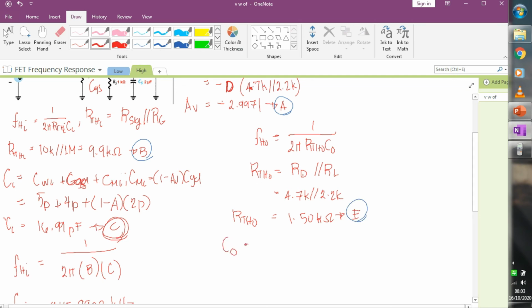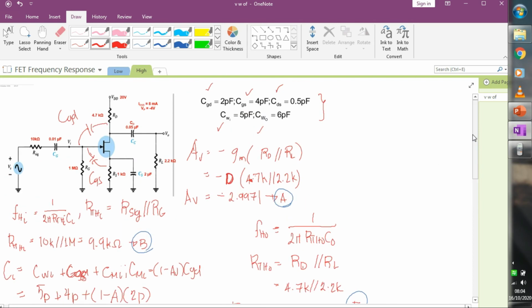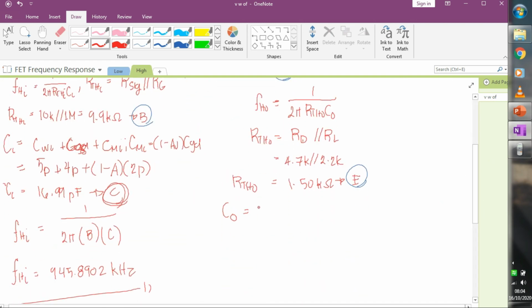Next, for the value of CO. So, ang CO, sino bang capacitance na nandito sa output side? Si CDS. Okay? And tsaka si CWO or si output wiring capacitance.